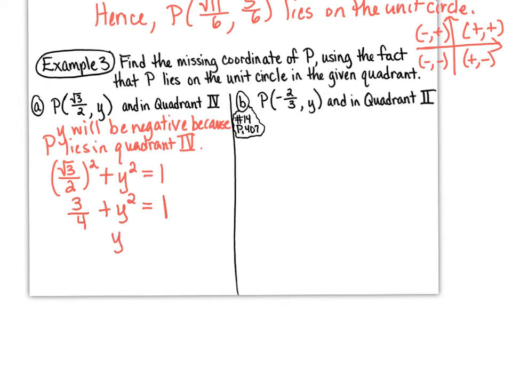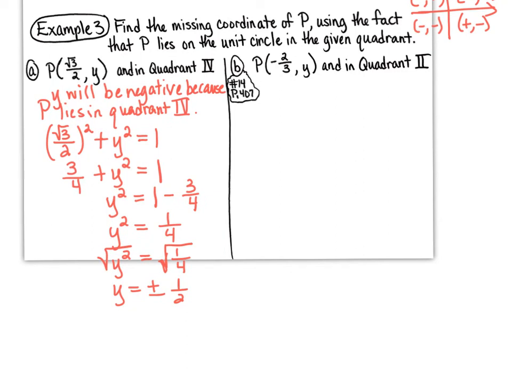So y squared is equal to 1 minus 3/4. And what is 1 minus 3/4? 1/4, good. Now we do what to both sides? Square root, good. The square root of y squared is equal to the square root of 1/4. That means y would be equal to plus or minus 1/2, because you get plus or minus when you take the square root.